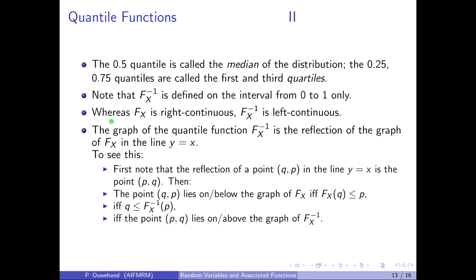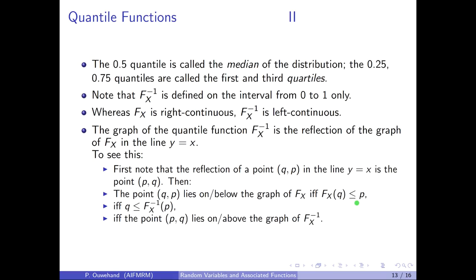Now note that whereas the CDF is a right continuous function, the quantile function is a left continuous function. Graphically, the graph of the quantile function is just a reflection of the graph of the CDF in the line y equals x. To see this, first note that the reflection of a point (q, p) in the line y equals x is just the point (p, q). Now the point (q, p) lies on or below the graph of the CDF if and only if the CDF evaluated at q is less than or equal to p.